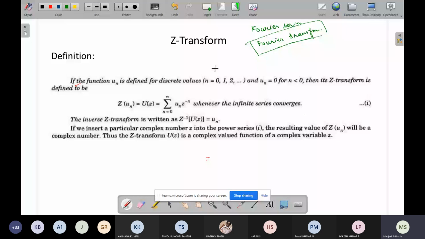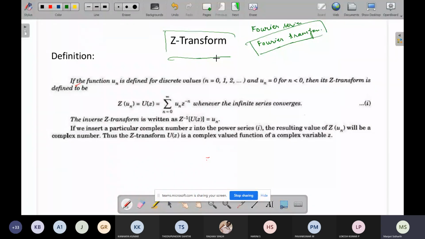Z transform is used to transform the time dependent function to the frequency based function. This is also the same type as Fourier series. In Fourier series we have functions which are continuous.